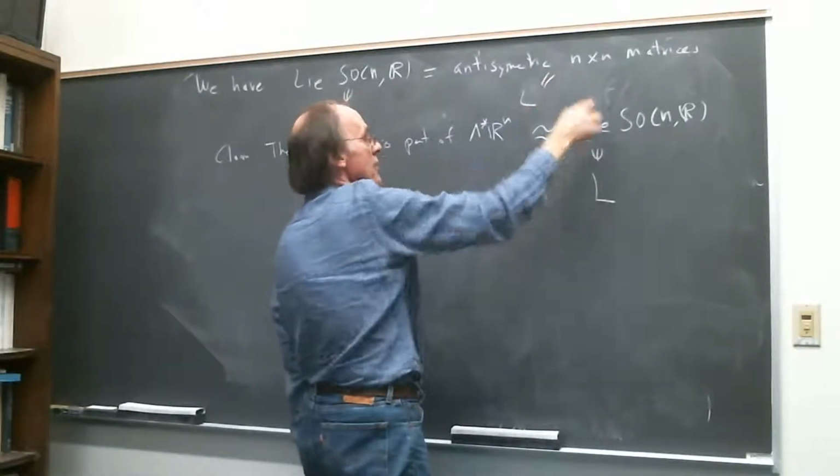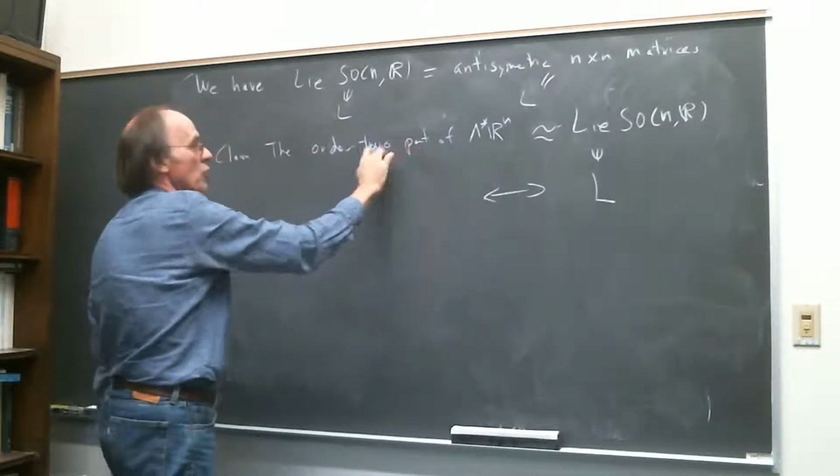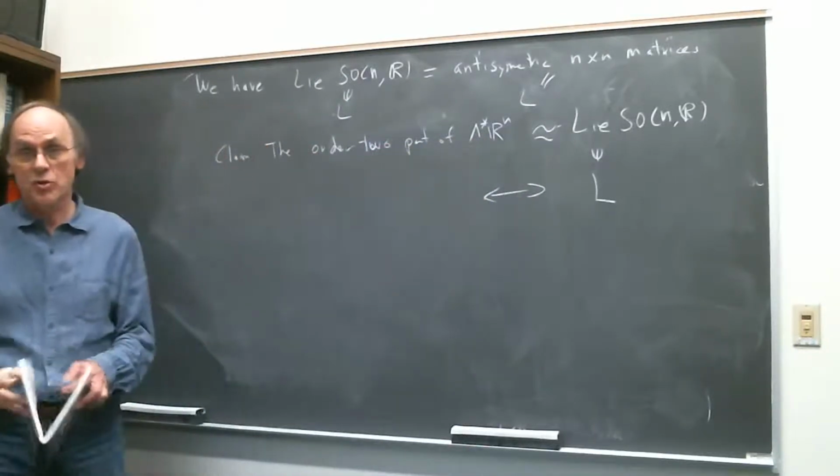If he's a matrix, what order 2 thing in terms of generators does this correspond to?